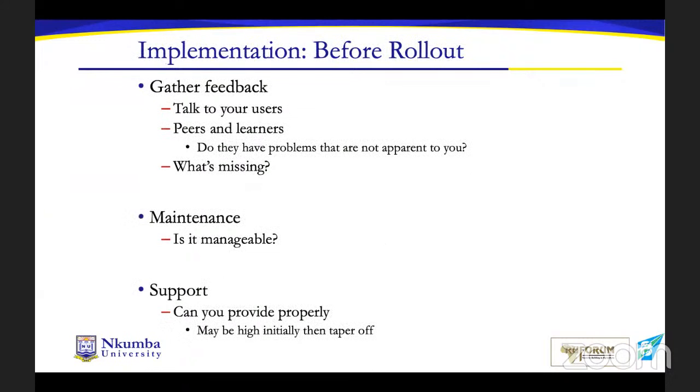Always, during the actual implementation and before you roll it out, gather feedback from your colleagues and from the users who are using it. Ask them how they feel about what you've created for them. From your fellow lecturers, how do they like the course you've created online?